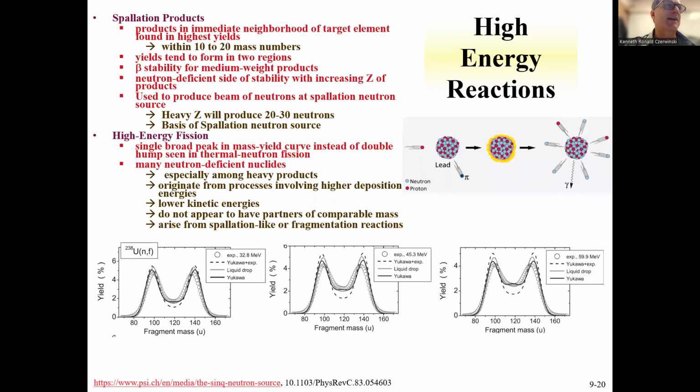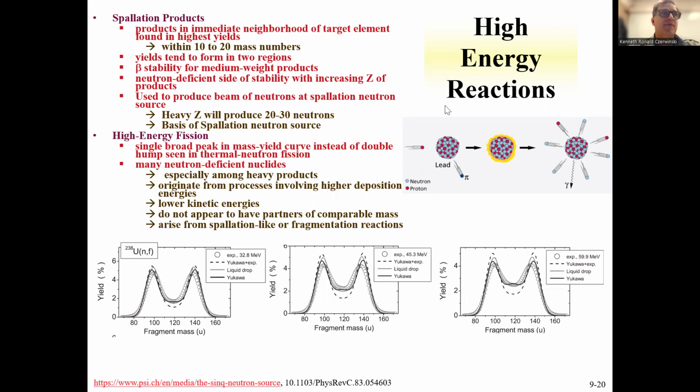There's different types of reactions. High energy reactions where you can fragment a lot, things come off. One application of this is the spallation neutron source at Oak Ridge, where they make lots of neutrons. You can make 20 or 30 neutrons from a reaction by hitting something like tungsten with high energy protons.